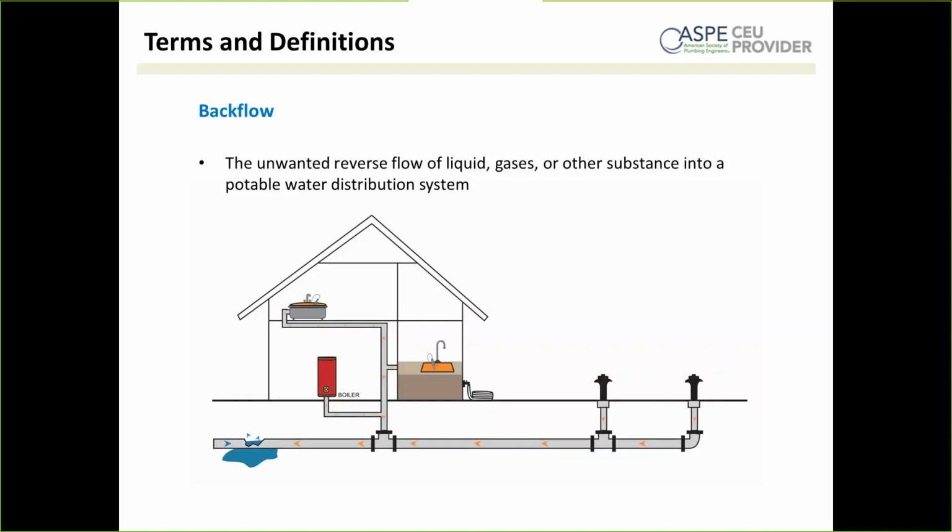So in this case, if the water main breaks, there's the potential to siphon any number of contaminants from all of these unprotected cross connections. So you have dirty water, if there's an unprotected sprayer submerged in the bath or sink, the stagnant water or glycol in the boiler, stagnant pools of water or fertilizer in your sprinkler system. There's lots and lots of these cross connections.